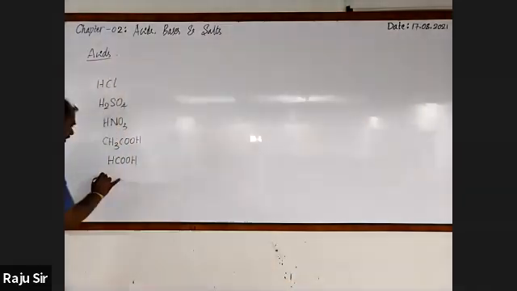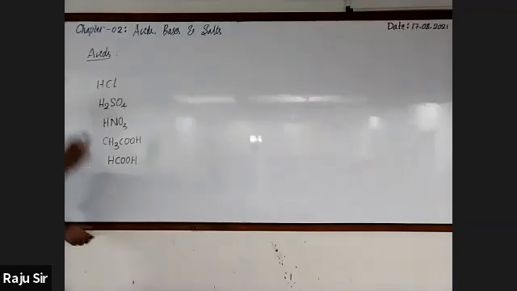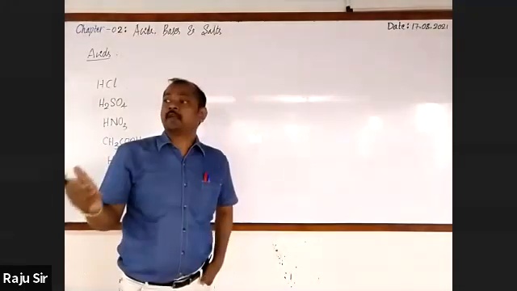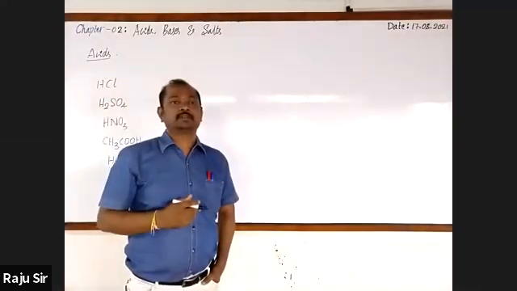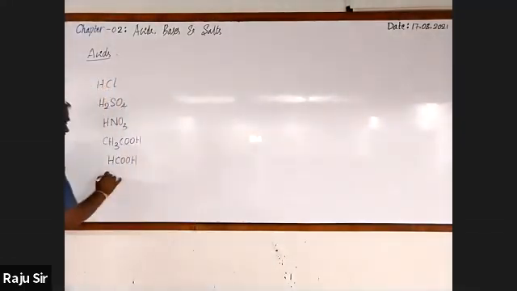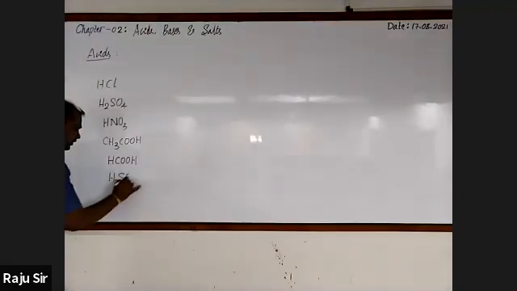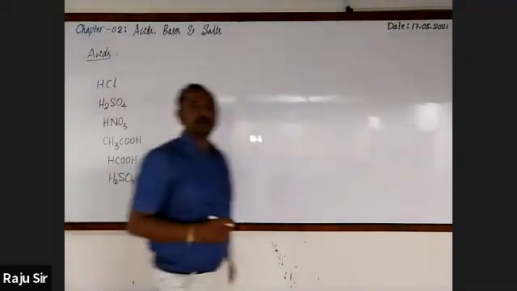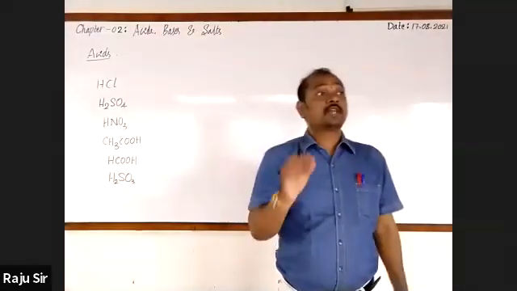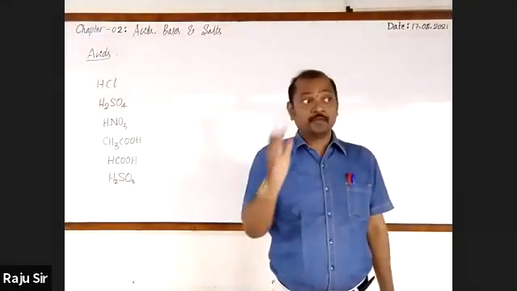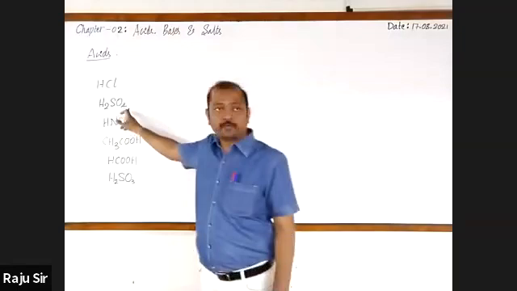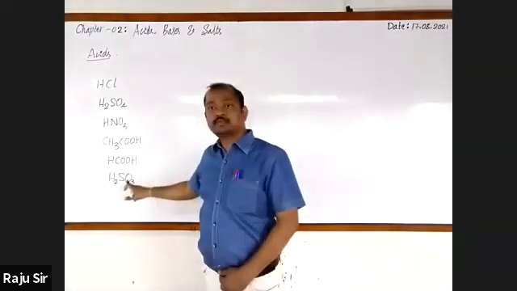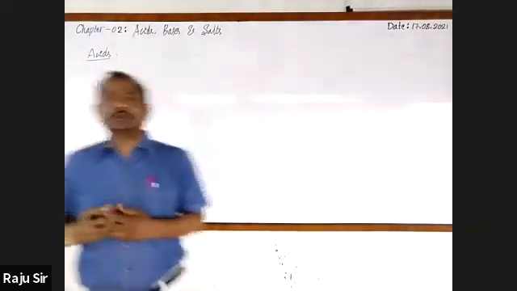You are also very familiar with one of the weak acids which is present in the atmosphere, formed by sulfur dioxide and water vapors. Yes, it is H2SO3, called sulfurous acid. H2SO4 is sulfuric acid. H2SO3 is sulfurous acid.